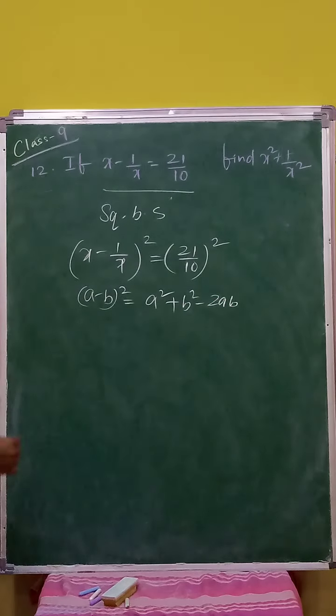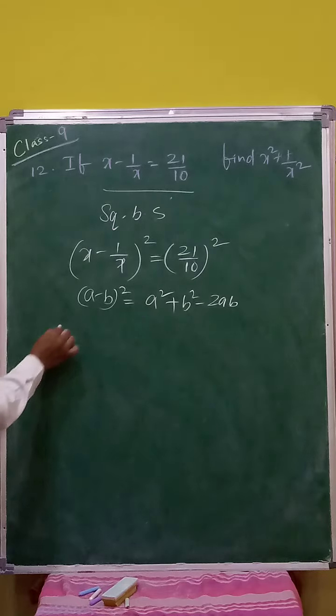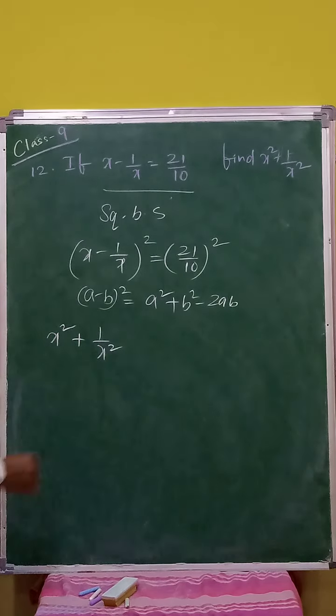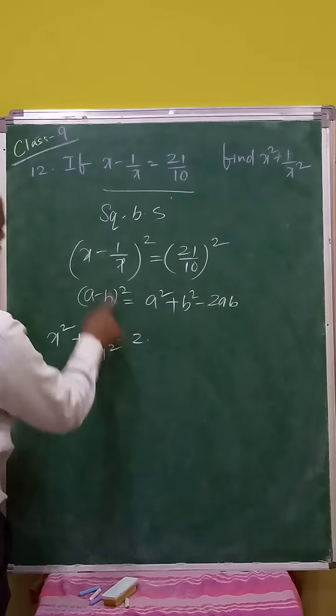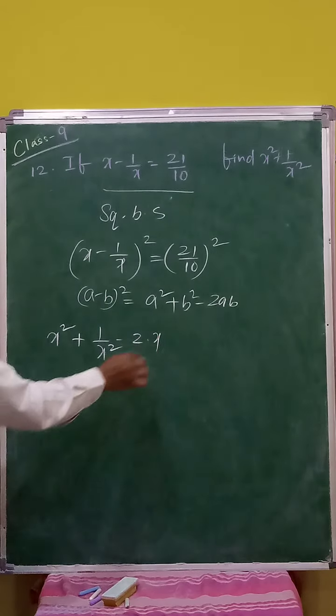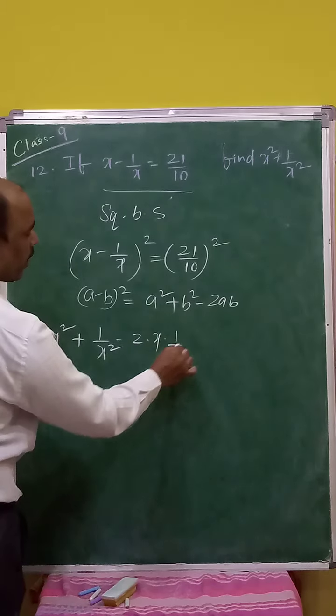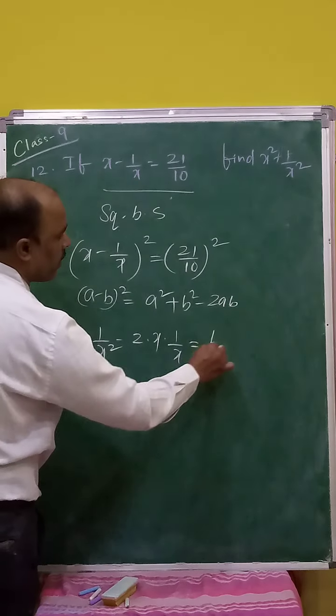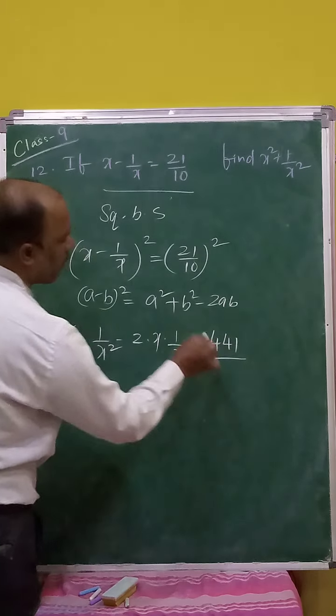Same way, open it. a square means here x square, plus b square, that is 1 by x square, minus 2ab. a value is x, and the b value here is 1 by x. Right side, 21 square in the numerator is 21 into 21, it is 441.